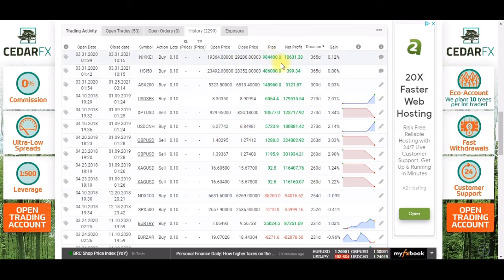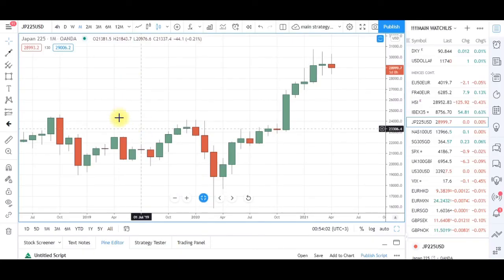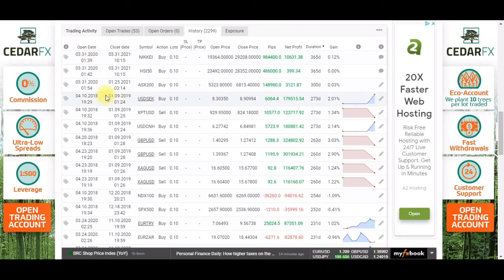So now, let's get right into the Nikkei 225, and we're going to go to TradingView. I have the Nikkei open already, but let's take a look at the specific dates we want to focus on. March 31st, 2020 is the open date, the date this specific trade was placed.